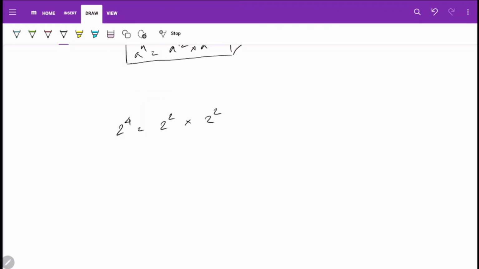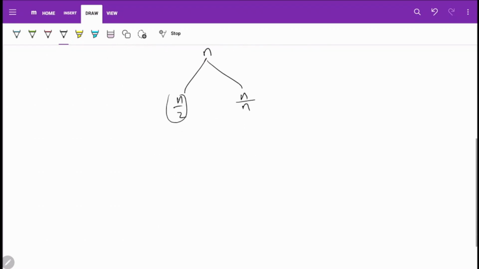So how will the recursive tree look? Let's say I want 2 to the power 64, so n is 64 here. So I want n by 2, n by 2. I want to find a to the power n by 2 first. Then I can do n by 4, n by 4.